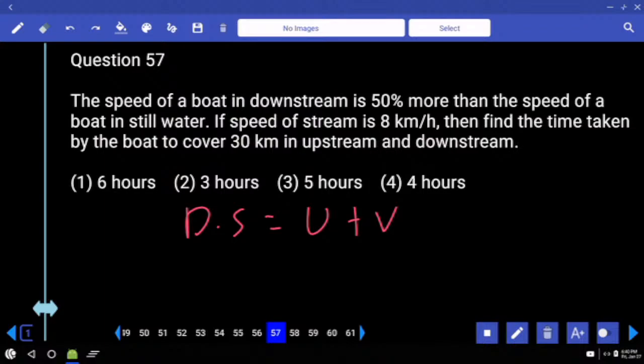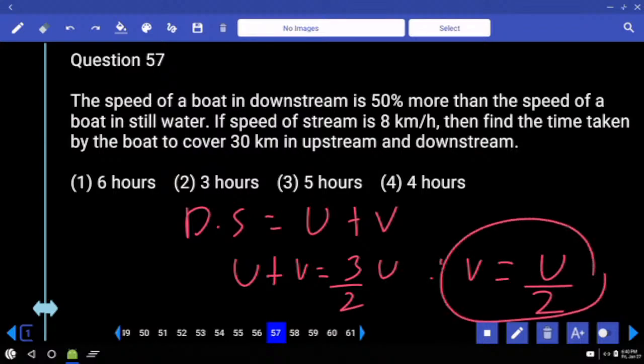That means this u plus v is 50% more, that is 150 percent, or 3/2, 150 by 100, that is 3/2 of what? Speed of boat in still water, that is u. So we get v equal to what? u by 2. This is the first thing. That is, speed of stream equals half of speed of boat in still water.